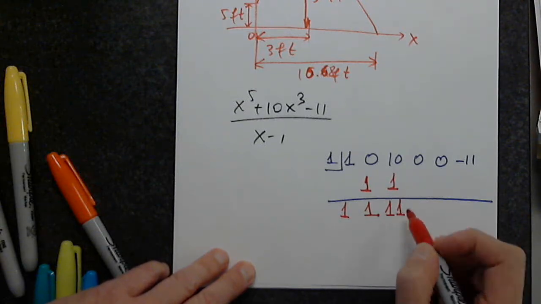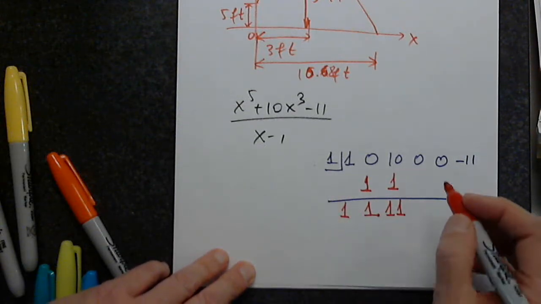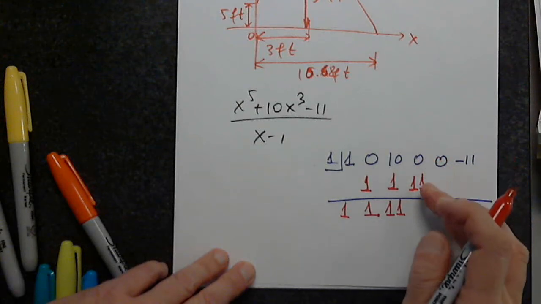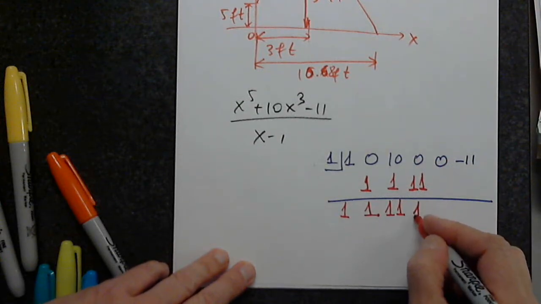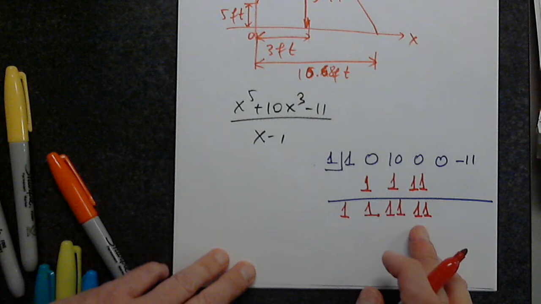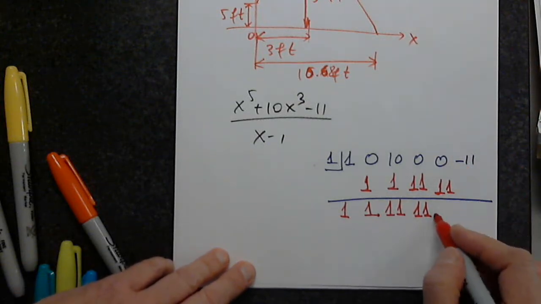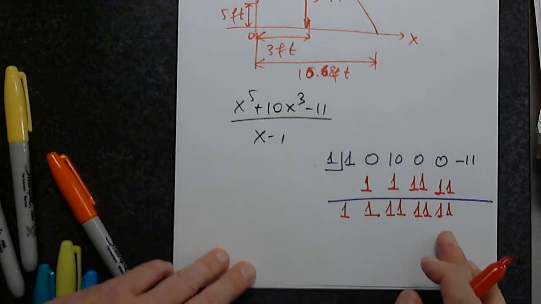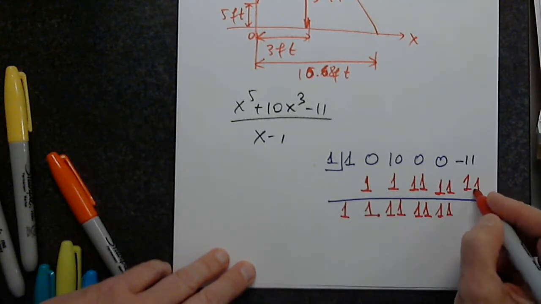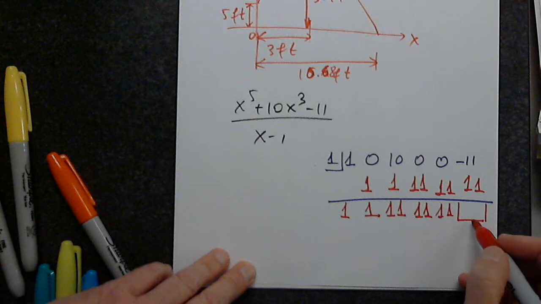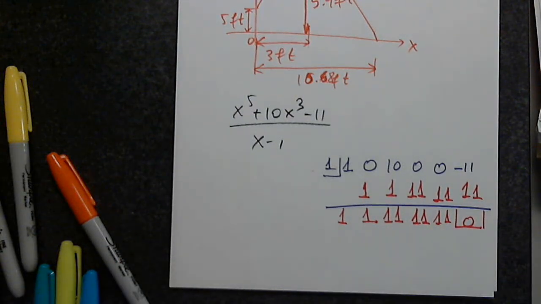Awesome. 1 times 11. 0 plus 11. 1 times 11. 0 plus 11. 1 times 11. Box in. What do I box in? Does that mean that x minus 1 is a factor of the top or not? It is. Because the remainder is, that's it.